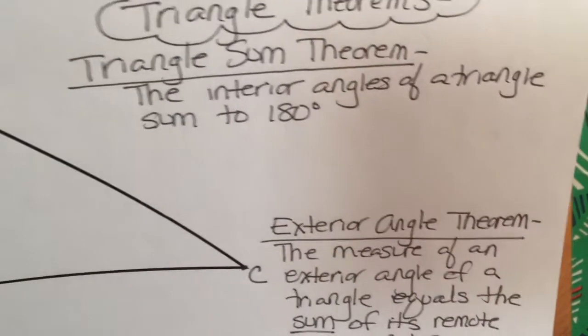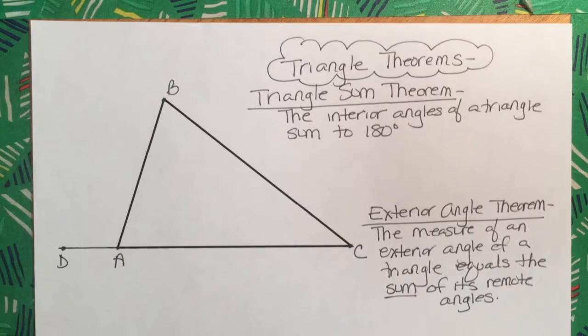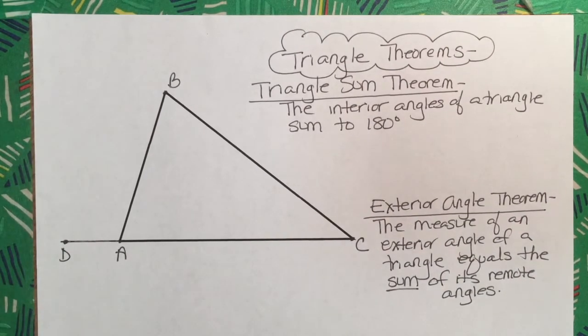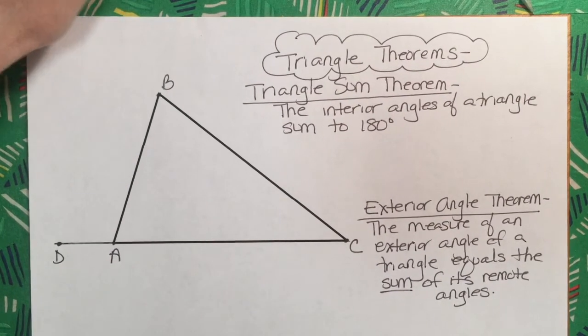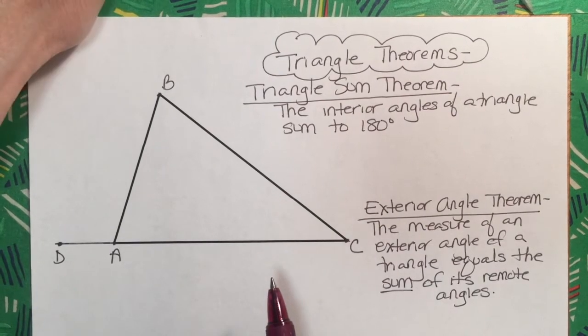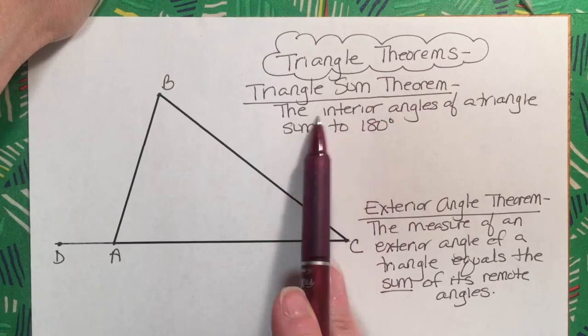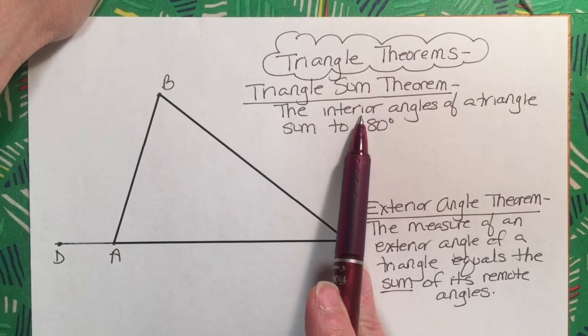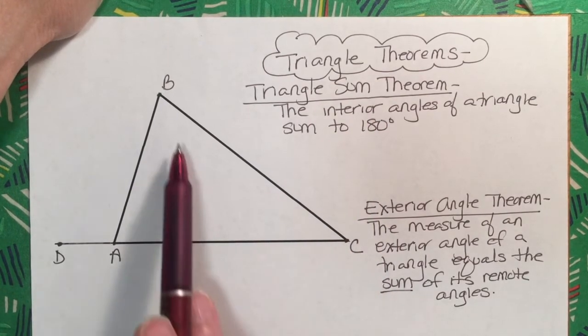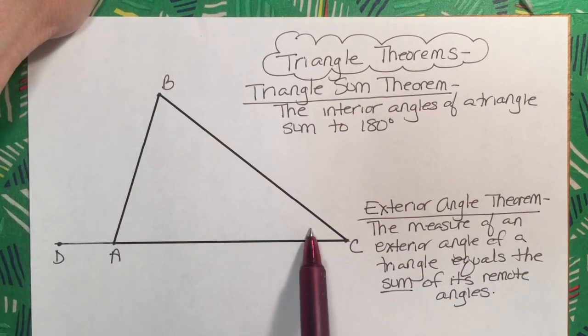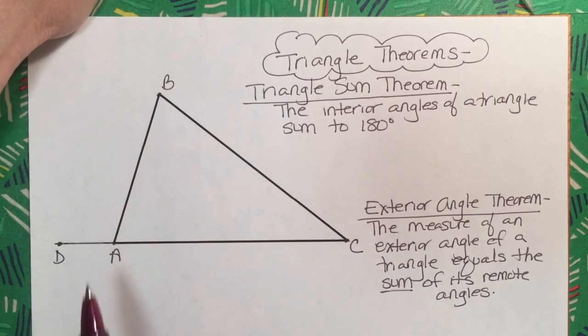Okay, staying with the triangle topic, let's talk about some other triangle theorems. These don't have to be right triangles. These are for any triangles, all right? First one is the triangle sum theorem, and that says the interior angles, remember the word interior means inside. There are 3 angles inside a triangle, and their measurements will always add up to 180 degrees, okay?